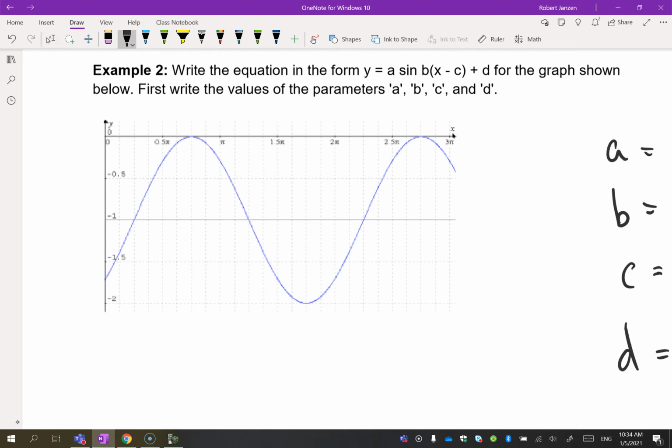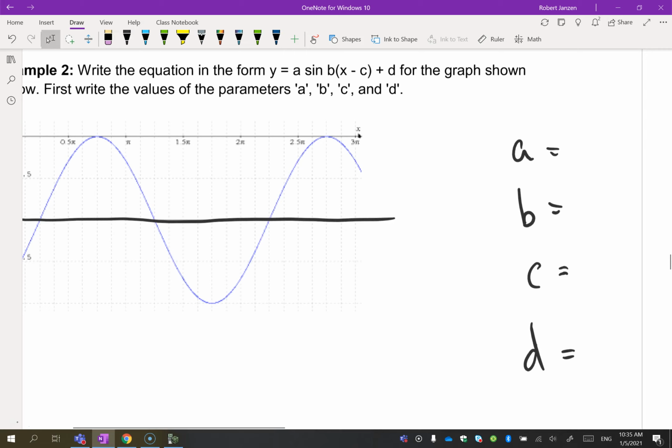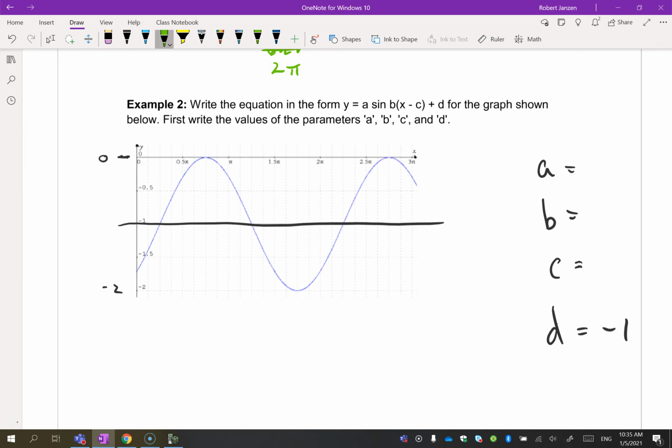All right, this graph goes from 0 down to, this is -2. And look at that, the midline is actually already drawn in for you. Okay, so D is -1. So now how far have we gone up and how far have we gone down? Just 1 unit.